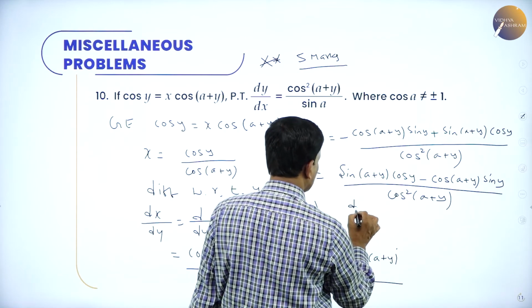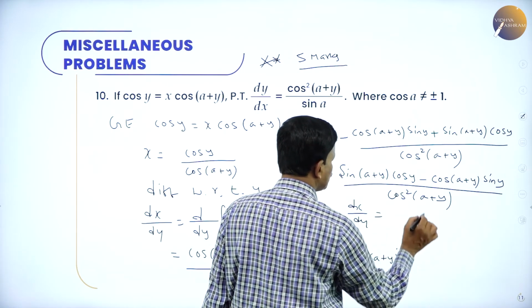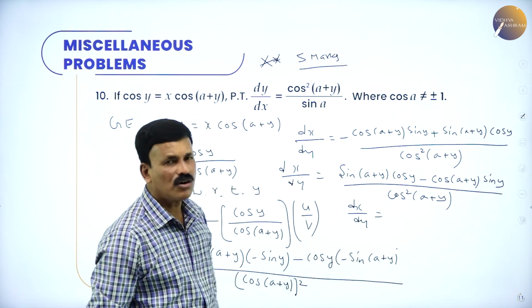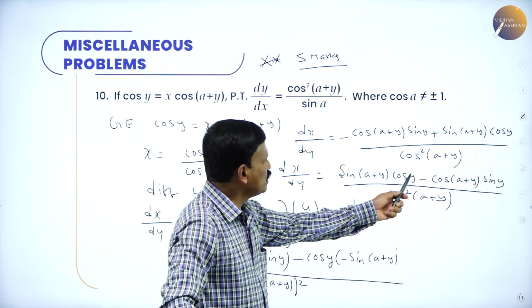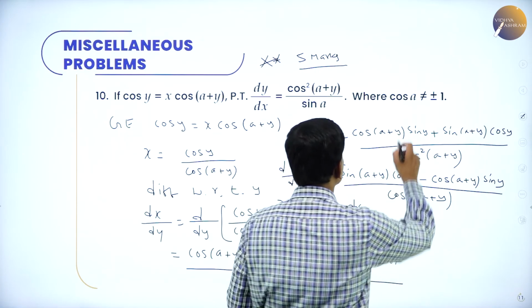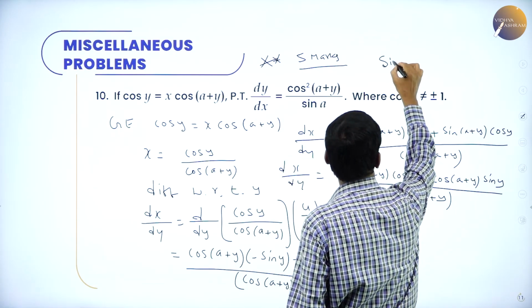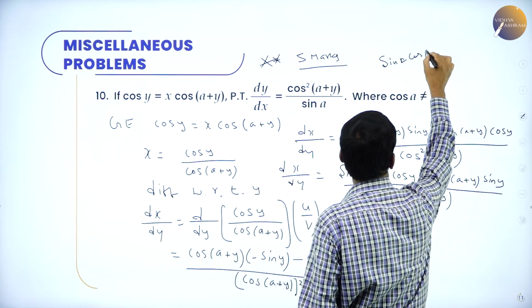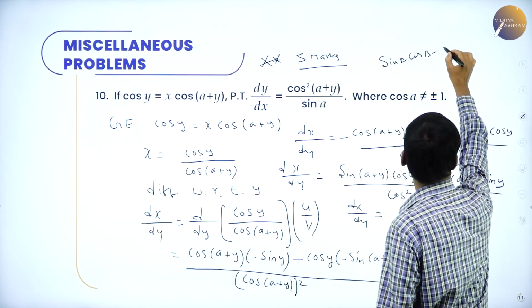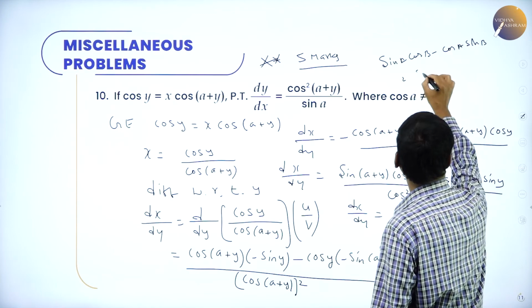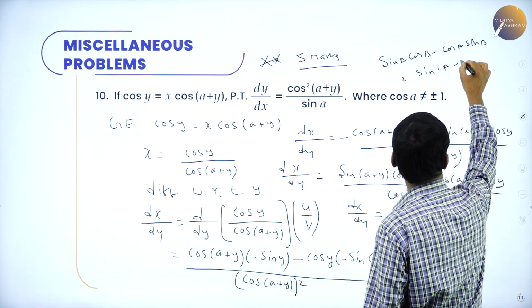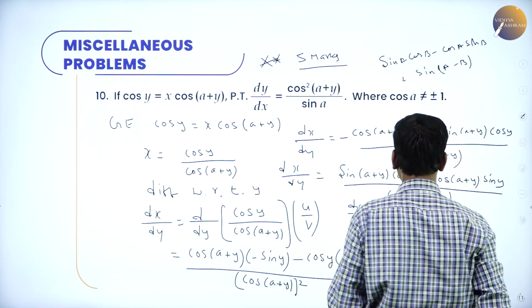Now, if you observe carefully, this is of the form sin A cos B minus cos A sin B, which is nothing but the sin (A minus B) formula. What is sin (A minus B)?